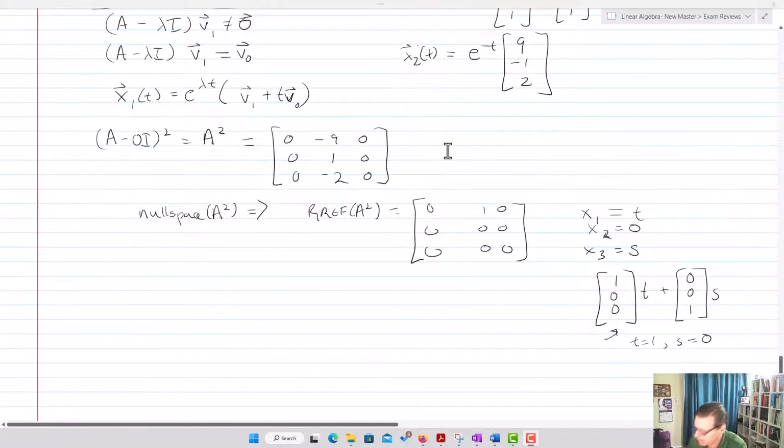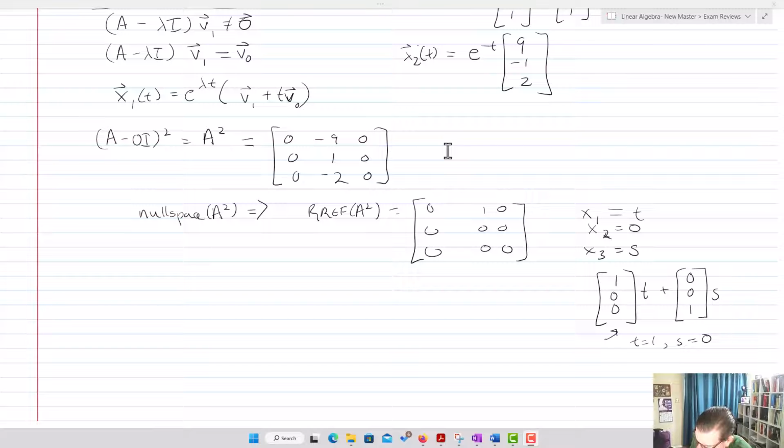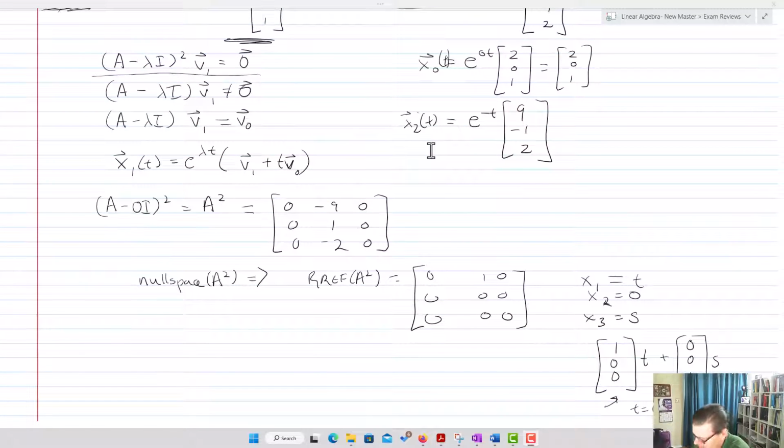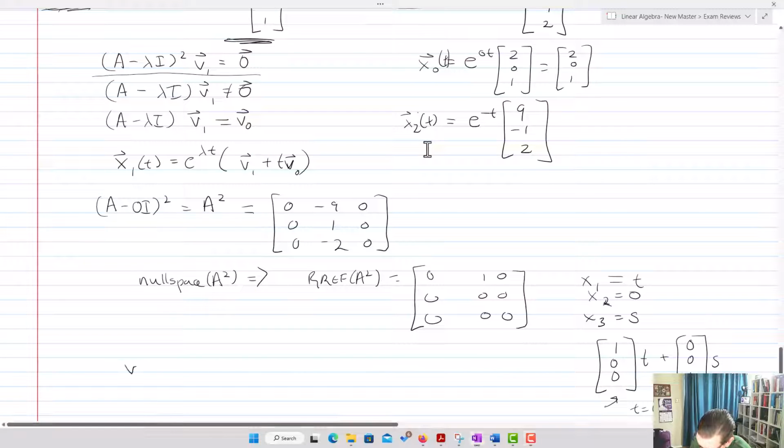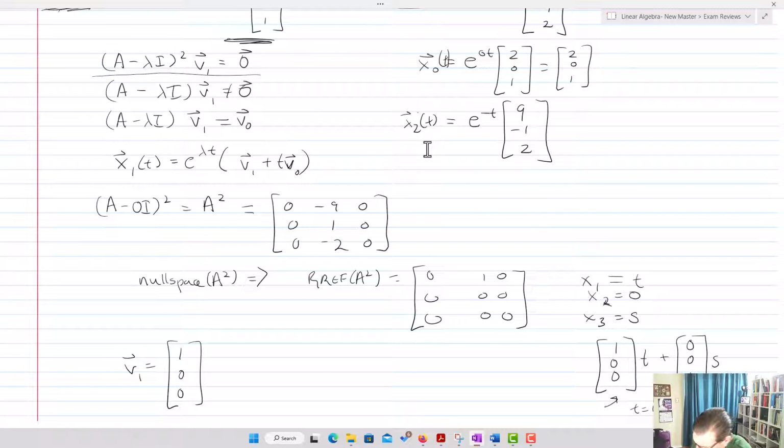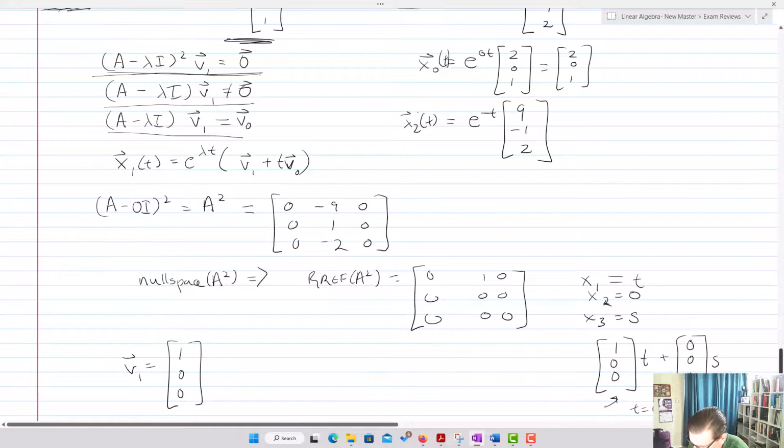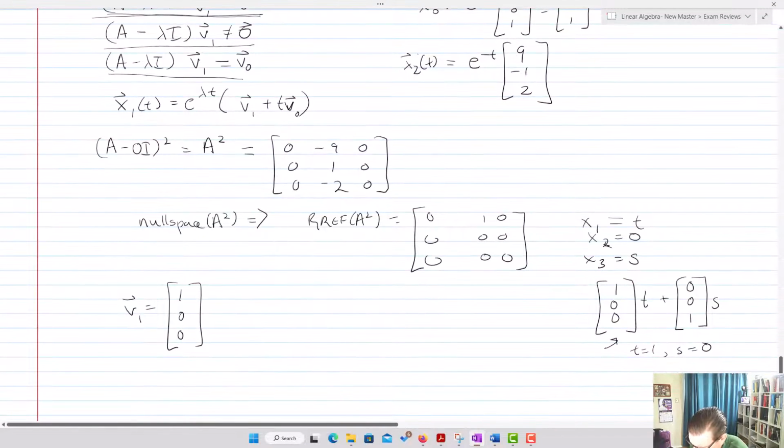So when I plug that in, what this means is that my choice for v1 is going to equal 1, 0, 0. I know that this is true. Now I just have to do this last part, which is to multiply A times 1, 0, 0, and that's going to give me v naught.